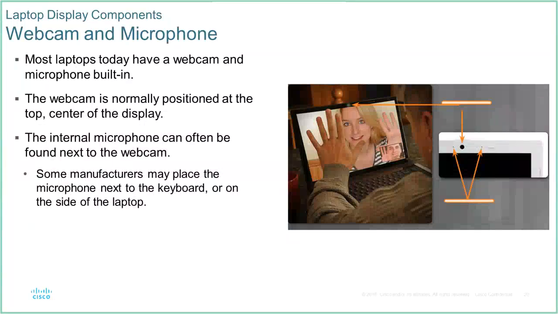Normally positioned in the center above the screen, your microphone could be also on the screen, or it could be in the body of the laptop. Mine's actually on the front near where the touchpad is. So depending on where the manufacturer slots it, it'll change.